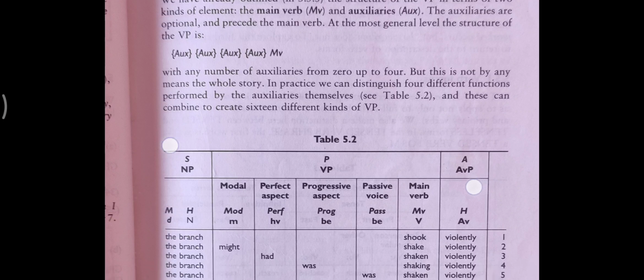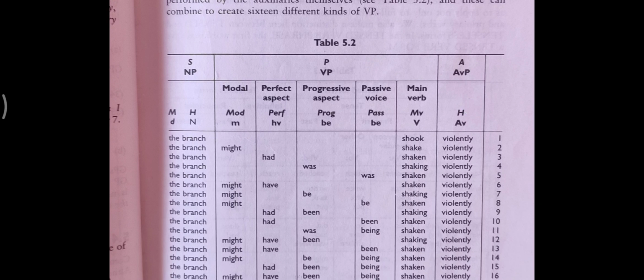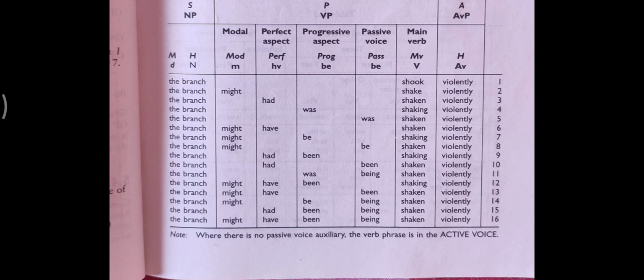We have to find them out. See, the verb phrase is here. The branch might shake violently. The branch had shaken. The branch was shaking.